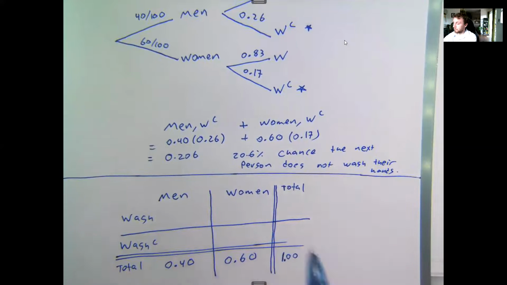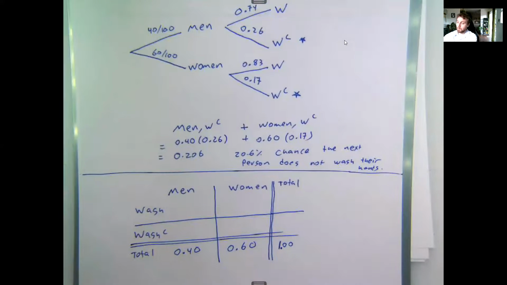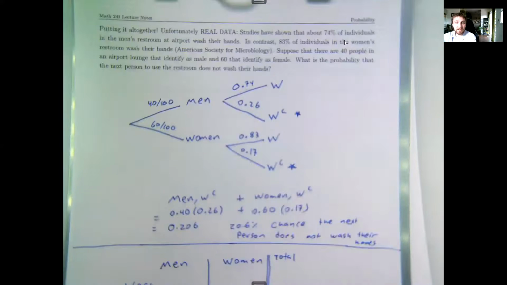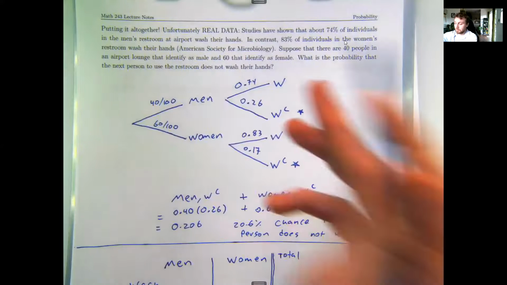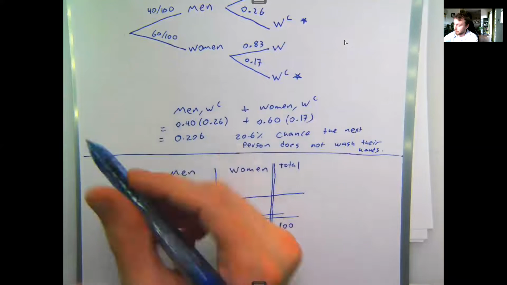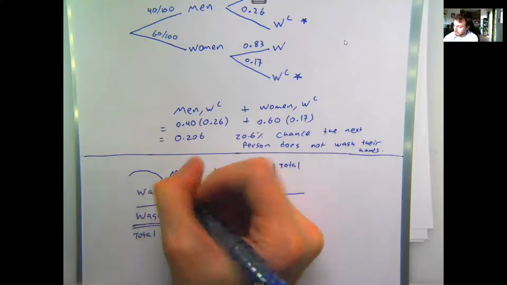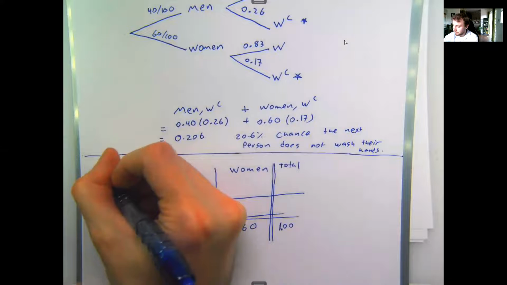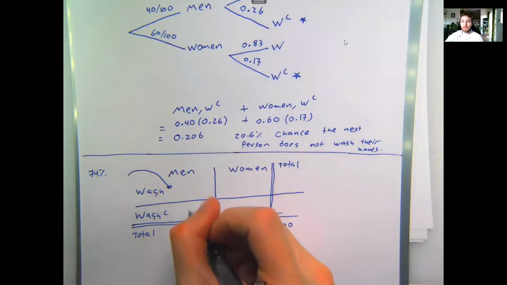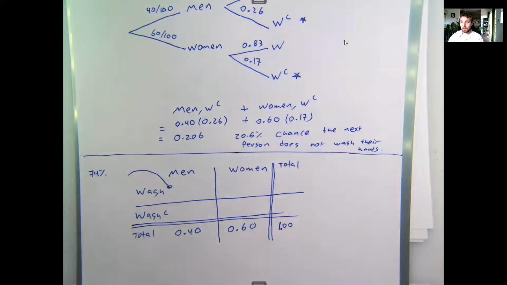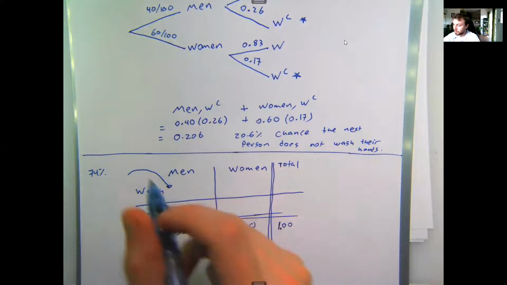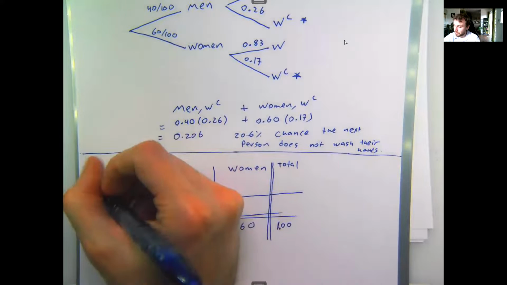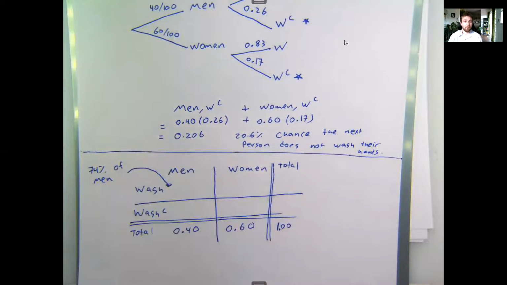Right off the bat, one of my numbers doesn't make sense though. It says 74% of men wash their hands. So you might be thinking, I want to put 74% into this square, but it adds up to more than the total already allows me. And that's because it's not 74% of everyone, it's 74% of men who belong in that category right there.